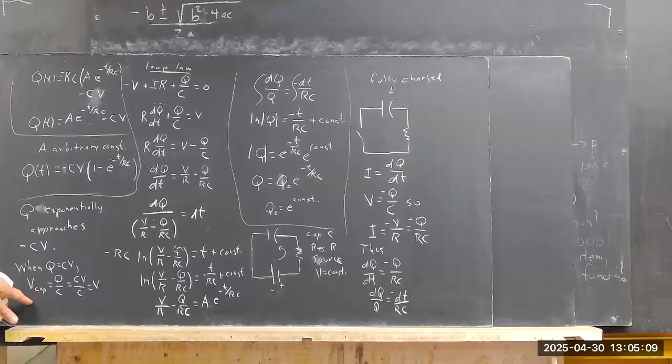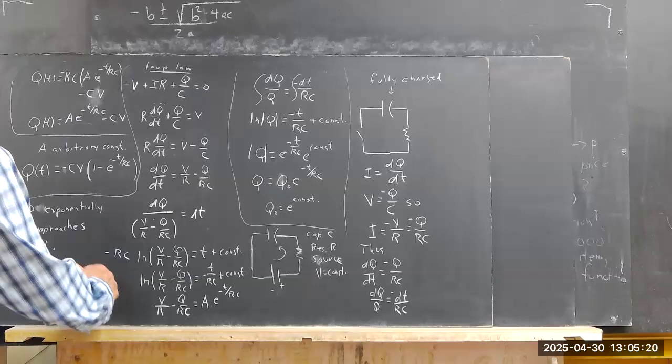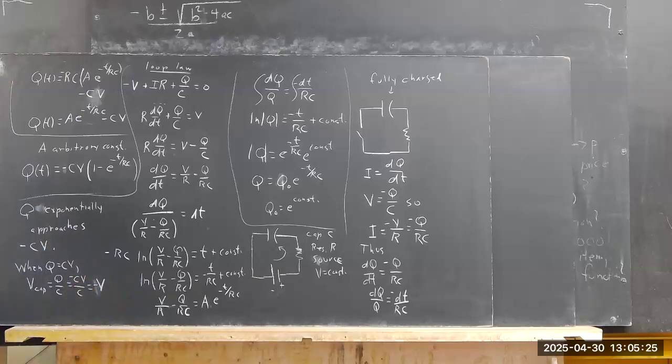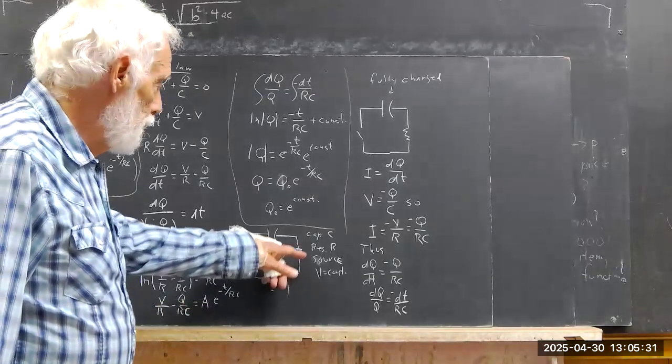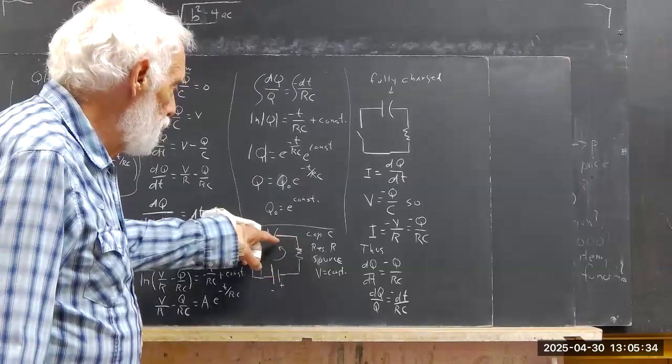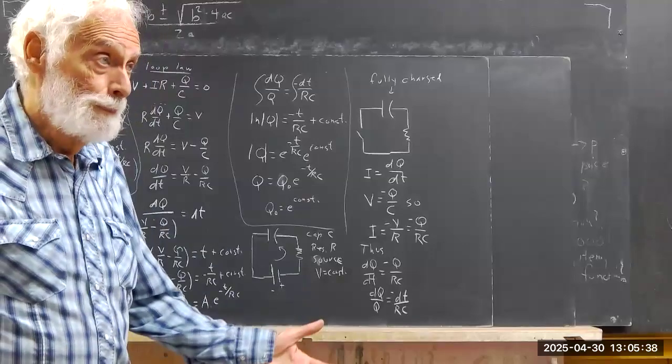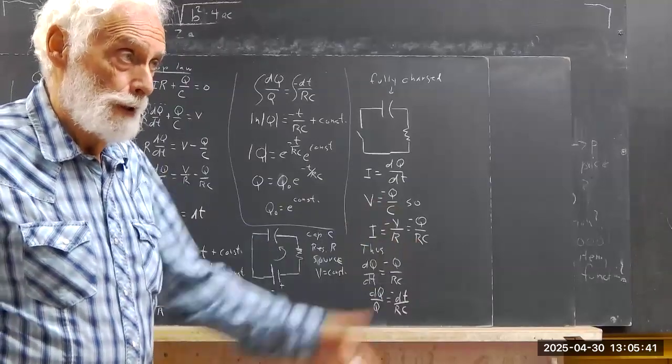Q equals CV, the voltage on the capacitor is Q over C. Well, if the voltage here is V, when the capacitor is full, charge is going to stop because the capacitor is going to be pushing back the other way. And its voltage is going to be negative V, right?